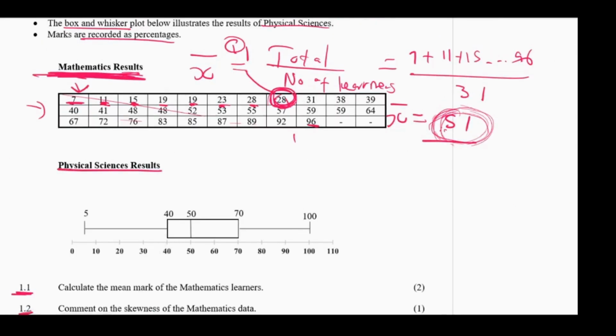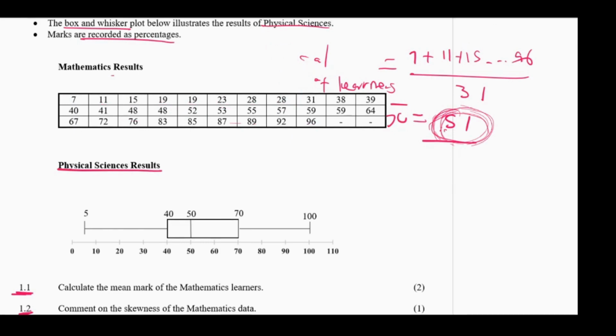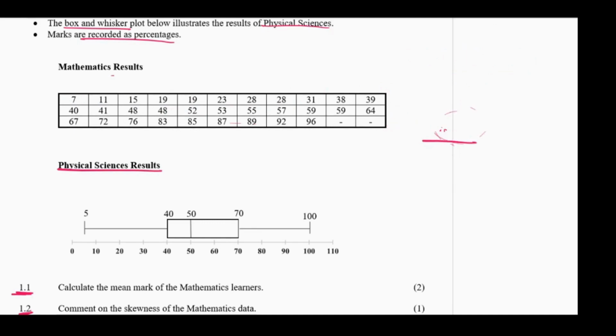But we don't have exact marks for physics, right? So let's use maths to find this estimate, because in physics we don't have real numbers here.